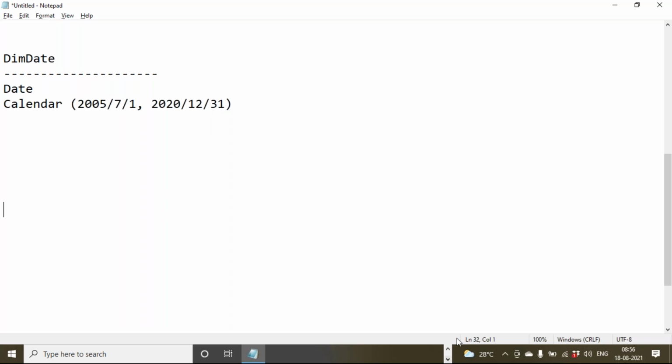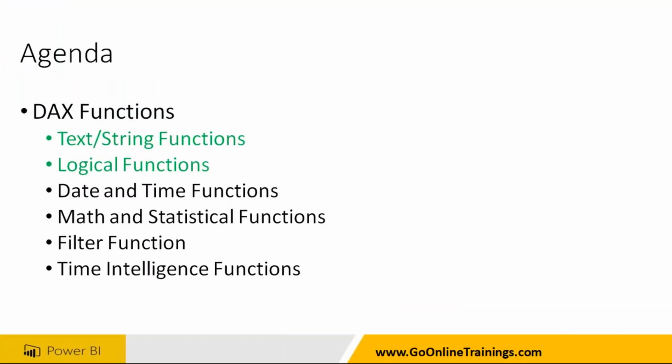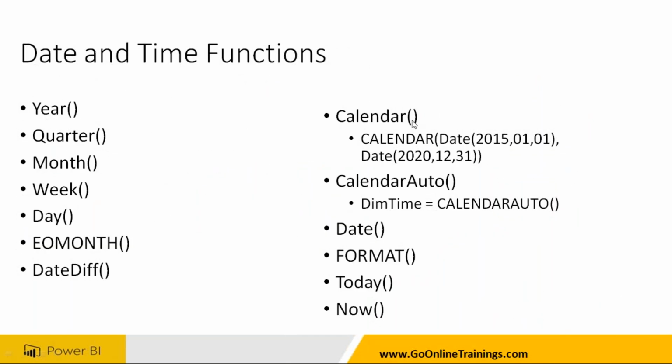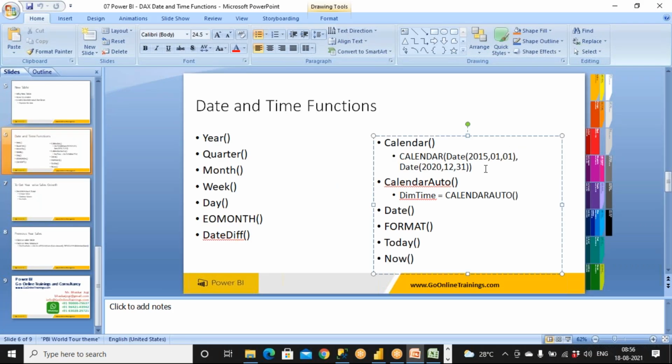So what function am I going to be using? Calendar function, which takes the starting date and the ending date. According to this, we're going to be taking, let us say, 2005. July or January, whatever you would like, you can give, and you can give 2020.